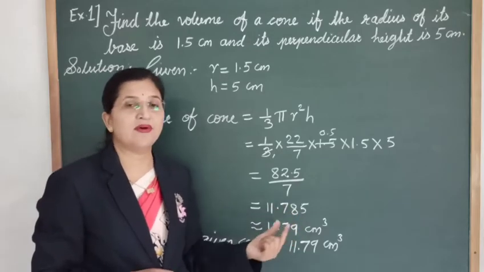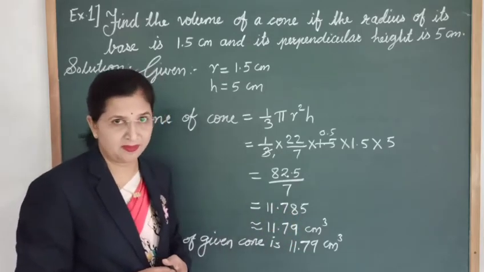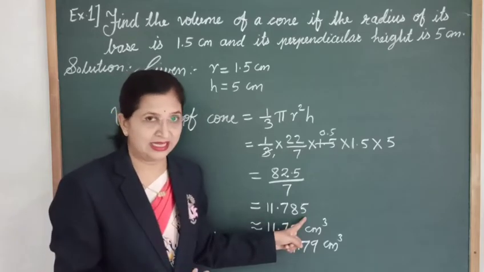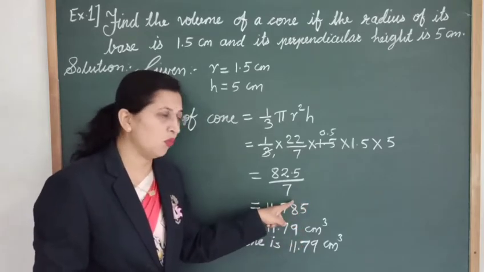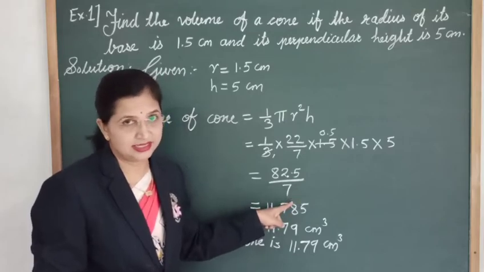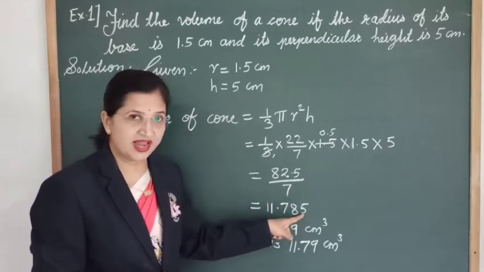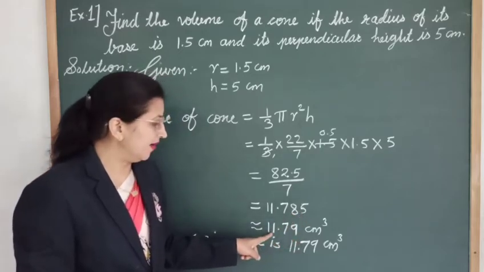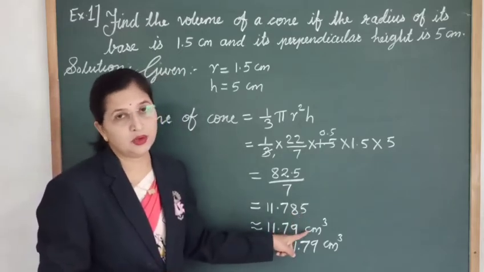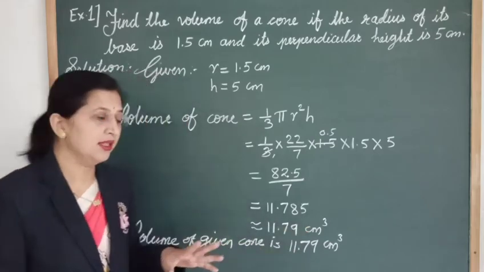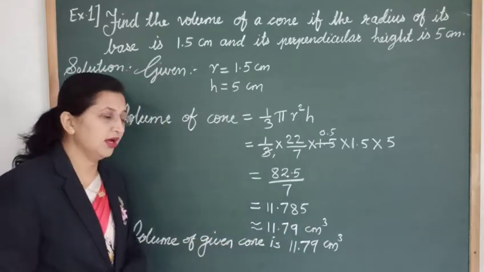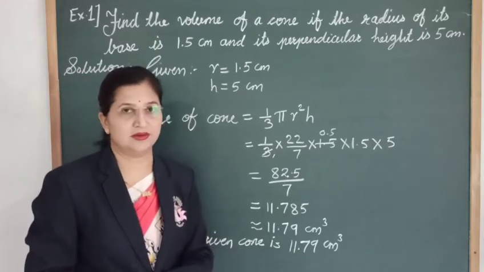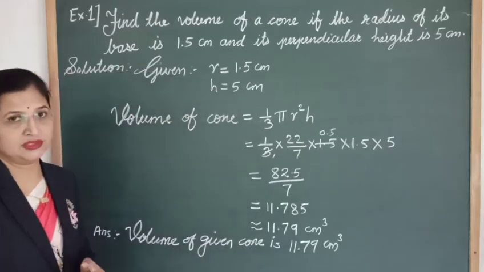Write the value up to 2 decimal places. If the third decimal place is 5 or greater than 5, then we have to add 1 to the previous digit. As 5 is there, we will add 1 and remove that 5. So we get 11.79 cubic centimeter. Therefore the volume of the given cone is 11.79 cubic centimeter. I hope it's clear to you.